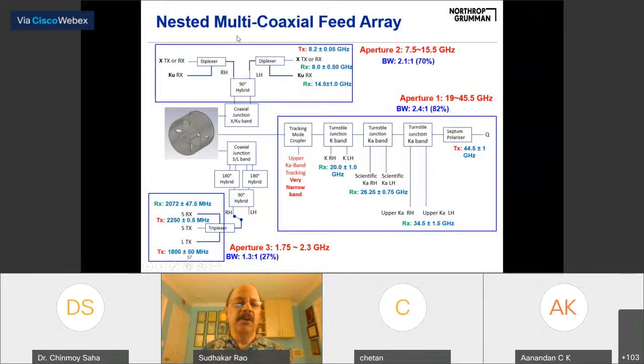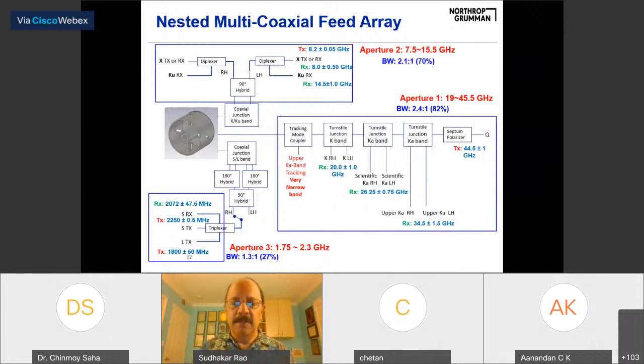You can see the block diagram. It's very complicated. It's a cluster of coaxial junctions. The central feed is waveguide. The other two outer ones are coaxial feeds with 4 feed points, you can see. So it has a lot of hybrids, and how to isolate these different frequency bands by filters, diplexers, etc.